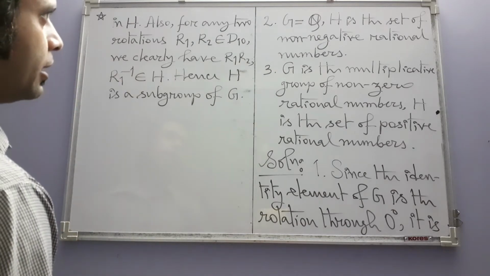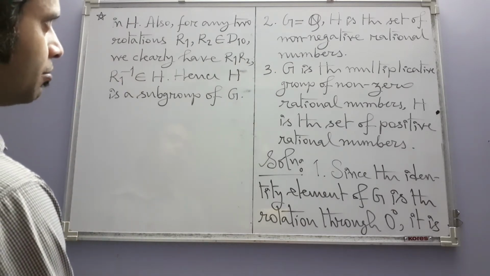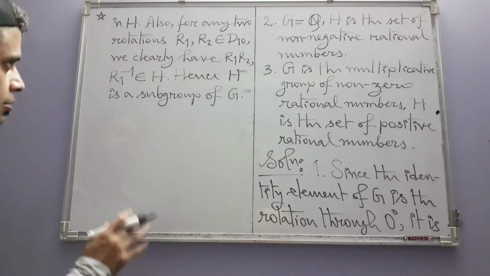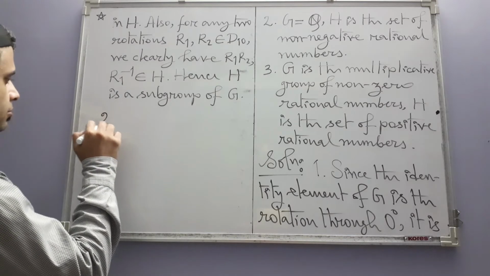Then the second one, H is the set of non-negative rational numbers, and G as usual is the additive group of rational numbers. This one is not a subgroup.